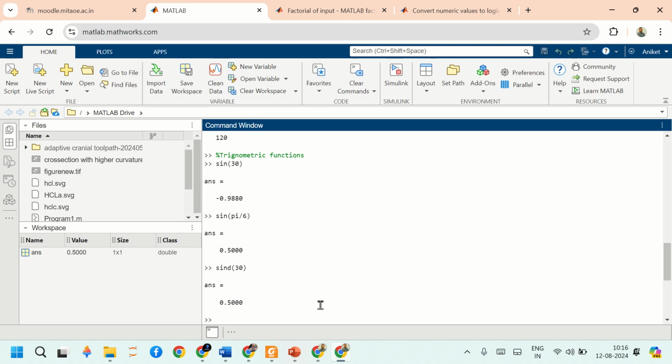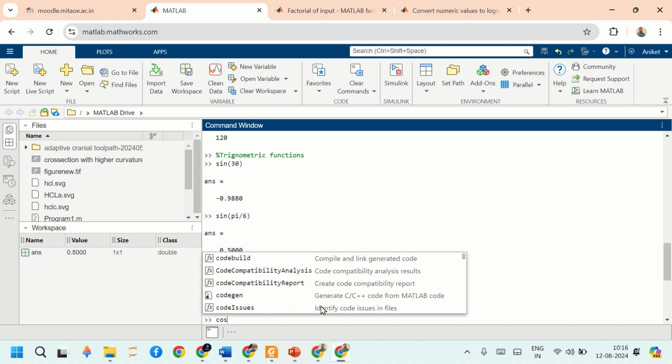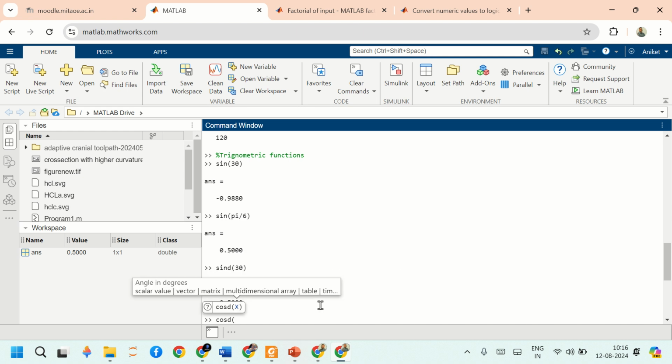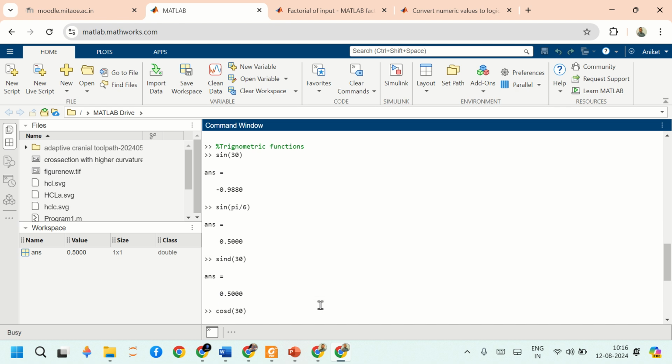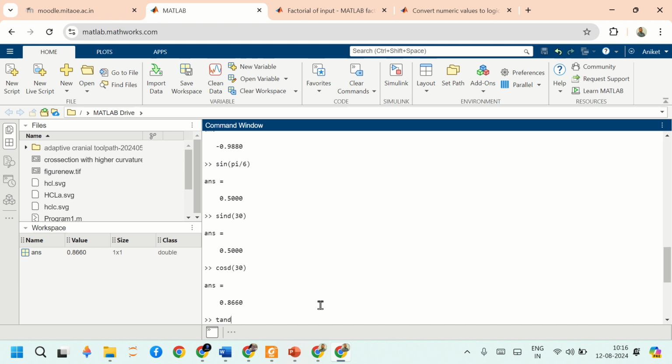Okay. So you can see the cosd function, and cos 30 is 0.866. We have tand also and cotd.